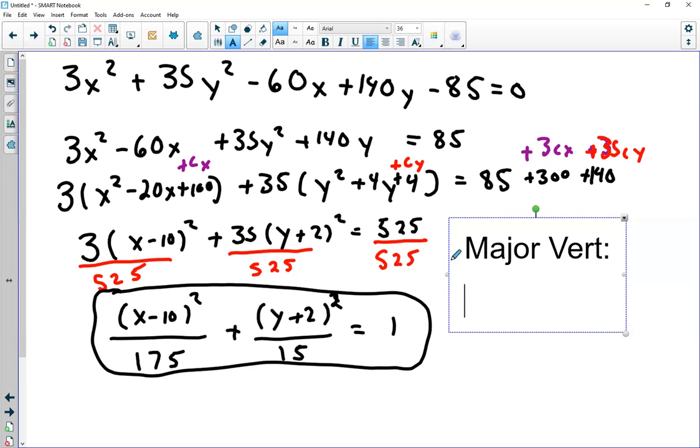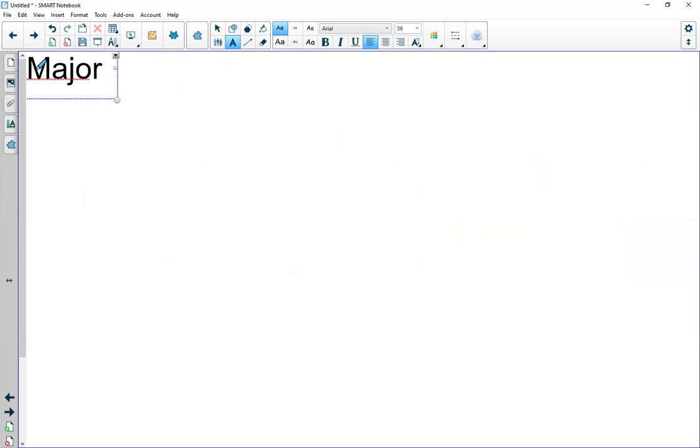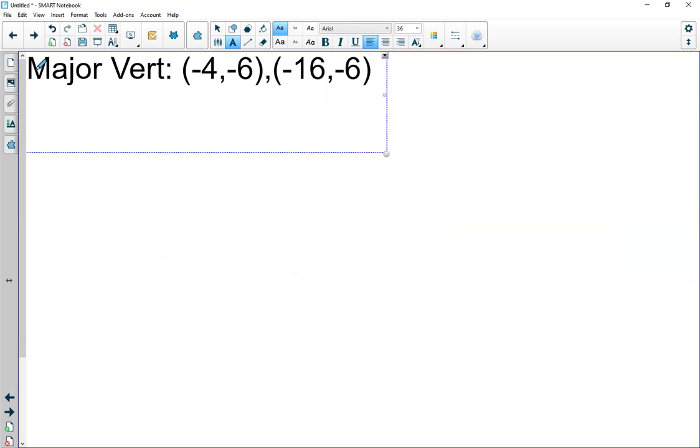So this will be the ellipse with major vertices -4, -6, comma, -16, comma, -6, and minor vertices -10, comma 2, and -10, comma -2.